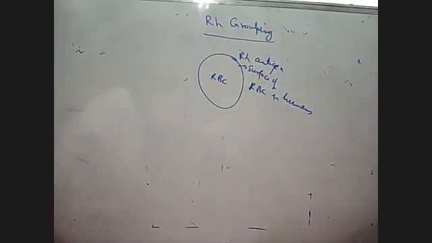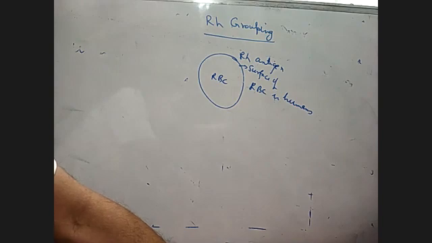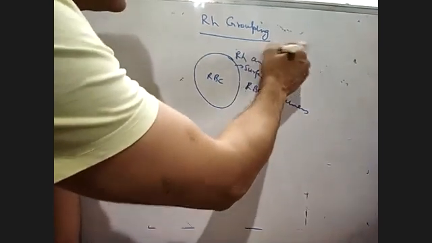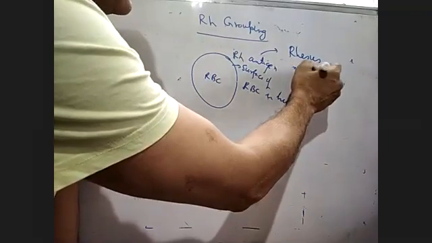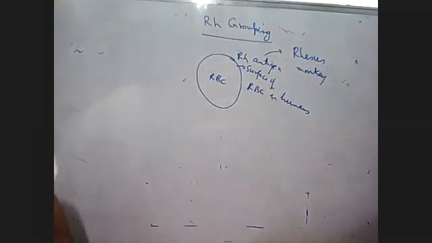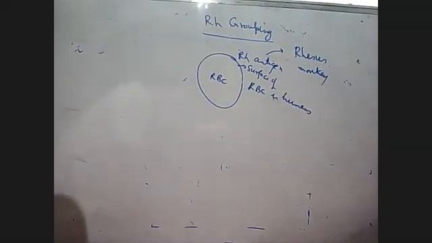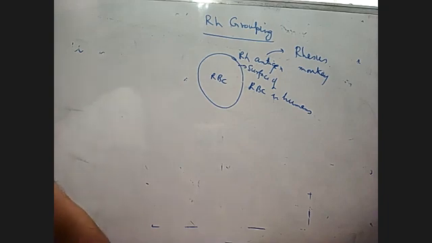And this was similar to the one present on the rhesus monkey. It was also found on the rhesus monkey, that's why the name RH. This antigen is also found on the surface of the RBC of humans, in about 80% of humans.